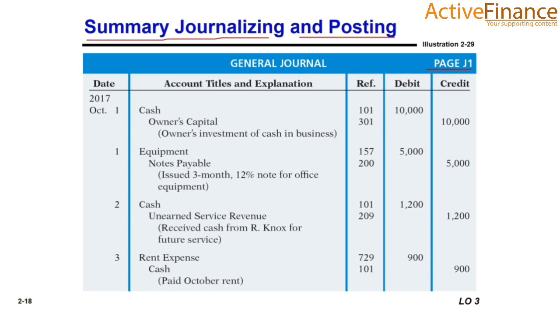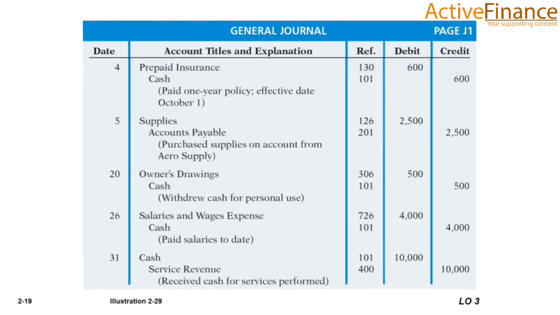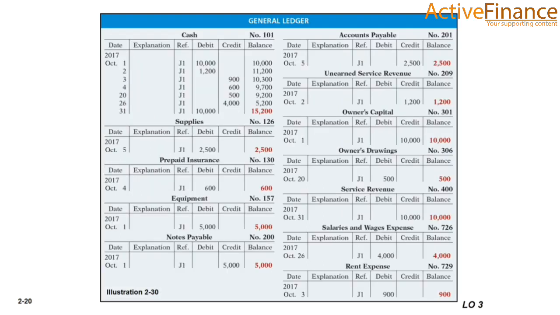This is the summary for generalizing and posting entries. So this is the general standard format as we learned. These are all the transactions that we did previously, step by step. This is the second part of that page. This is the summary of the general ledger accounts that we did previously.